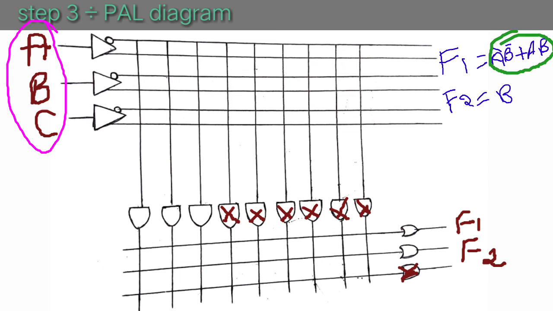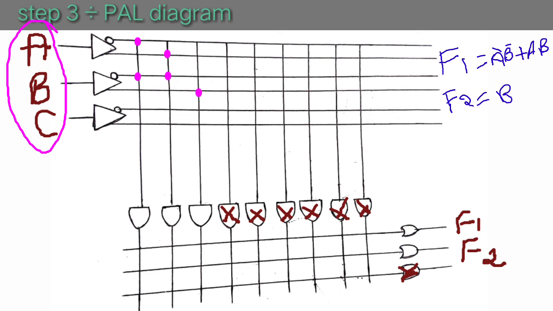This product term we get like this. The second product term is AB, which we get like this. The F2 function has only one product term, that is B. It is found like this.